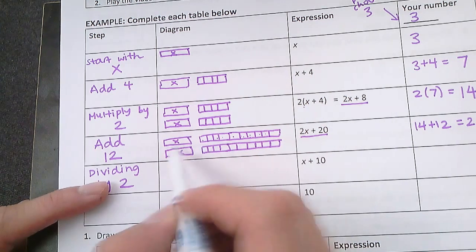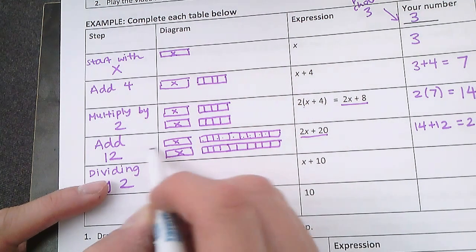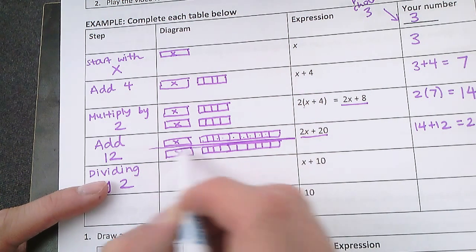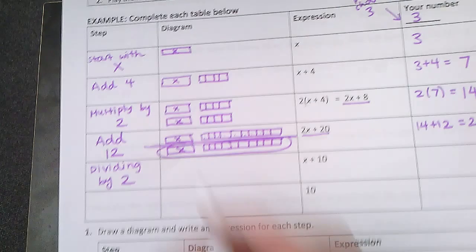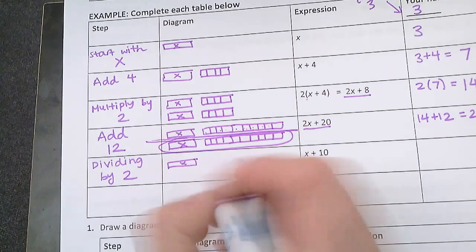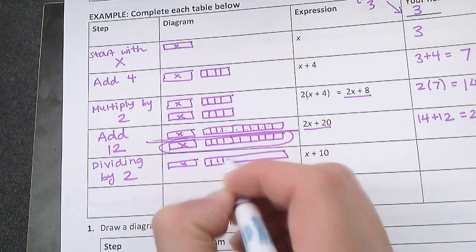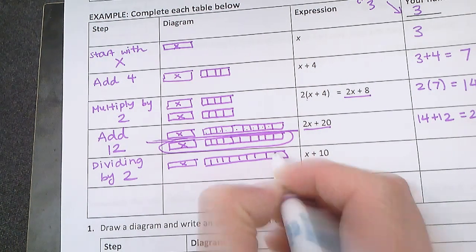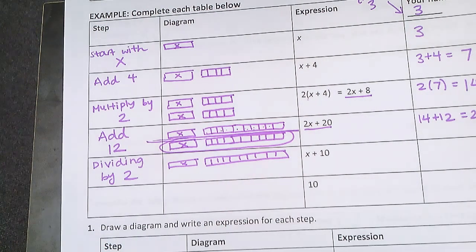And if we take half of what's up here, it's like we're splitting all of this into 2 parts and then only taking one of those parts. So we have the x and then 10 ones. 1, 2, 3, 4, 5, 6, 7, 8, 9, 10 ones.